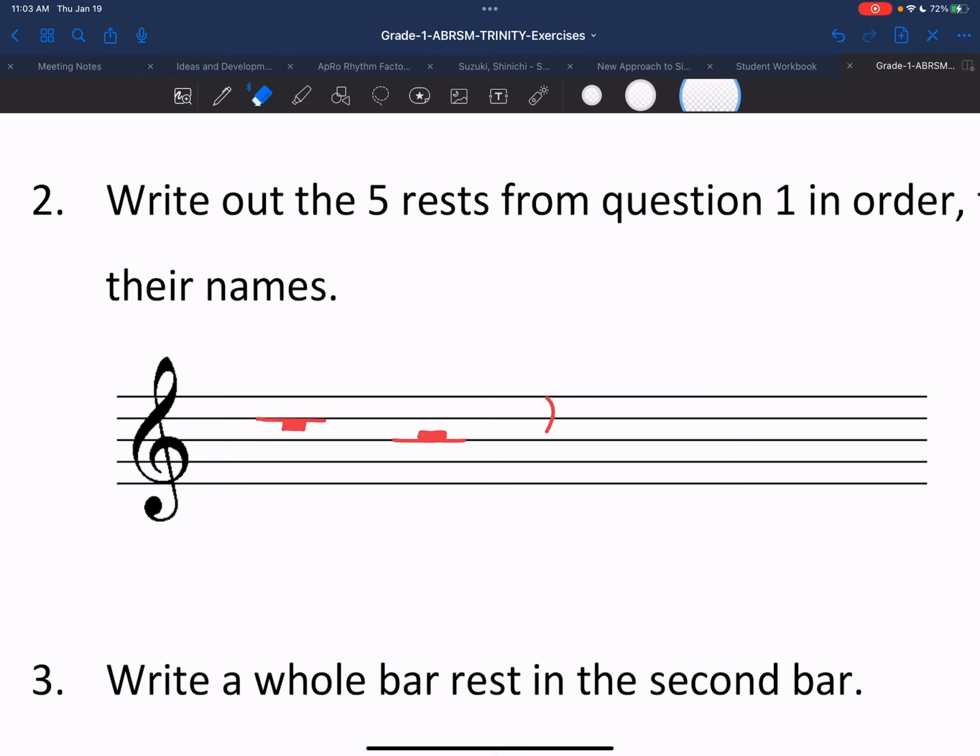Oh, sorry, my iPad has made a curved line. Then we write the 8th rest. And then finally, the 16th rest. So there we have our rests from longest to shortest.